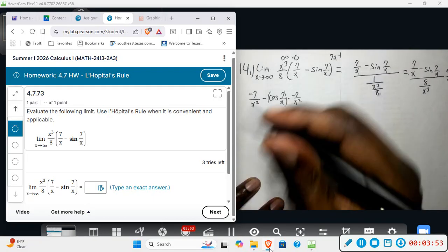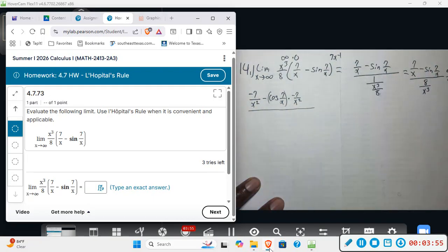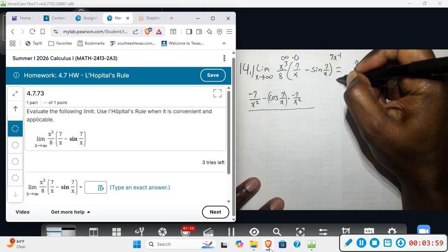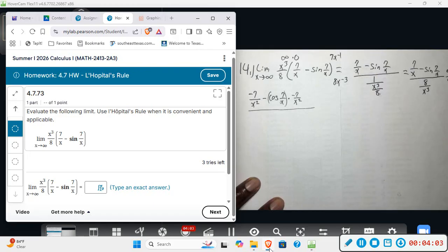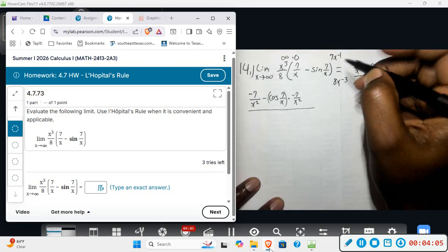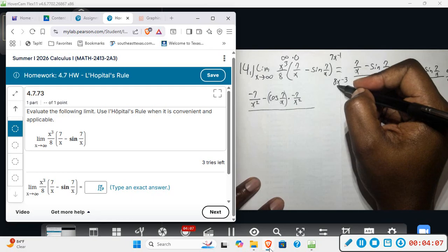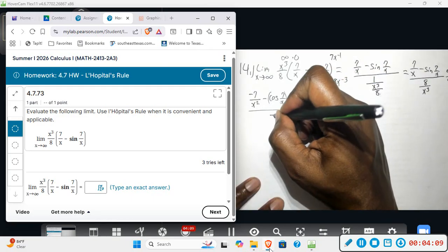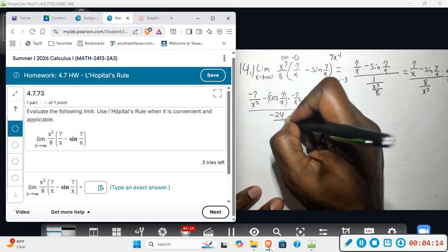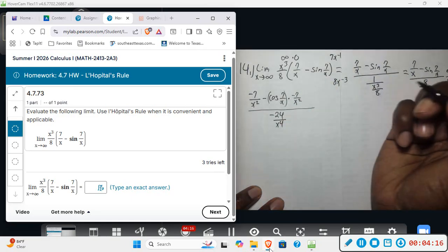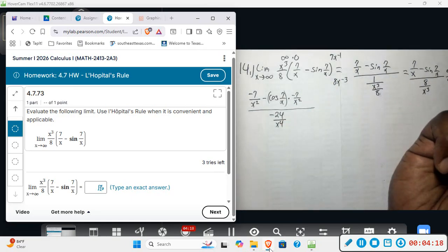On the bottom, see this as 8 times x to the negative third. And then we will multiply by negative 3, which will give me a negative 24. And then subtract 1, so it'll be x to the fourth. Negative 24 x to the fourth.